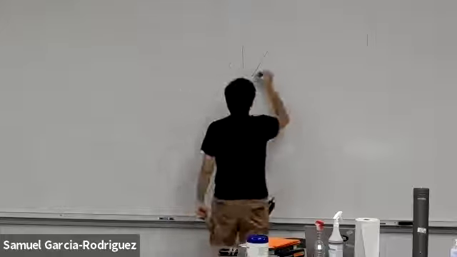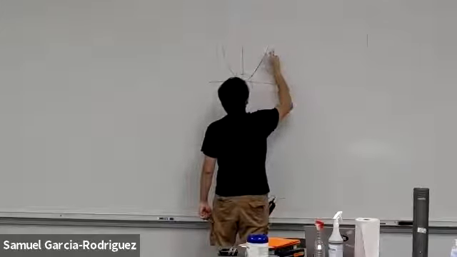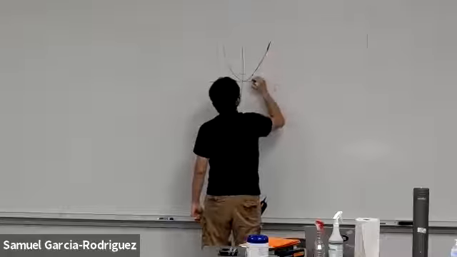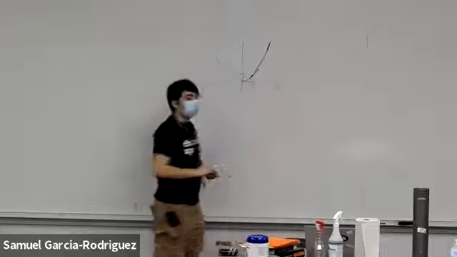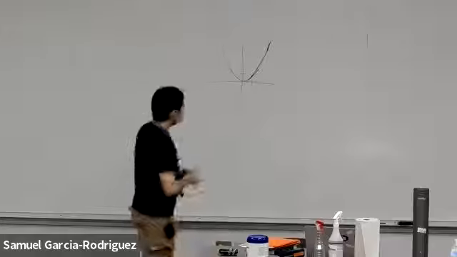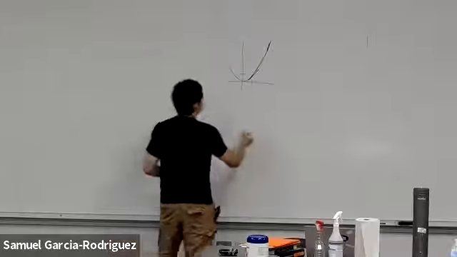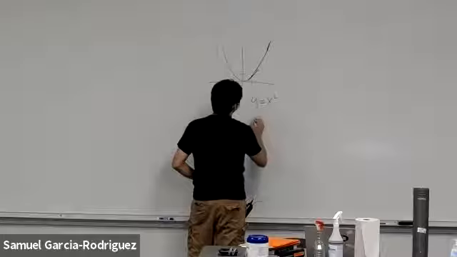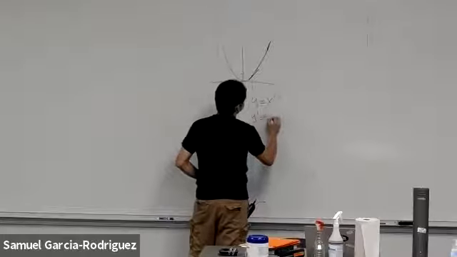However, as you go along on this function, this slope progressively changes. This is the function y equals x squared. The derivative of y equals x squared is 2x.